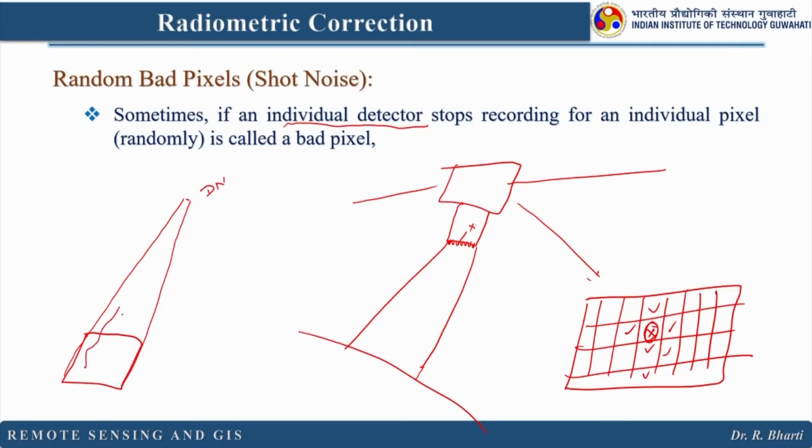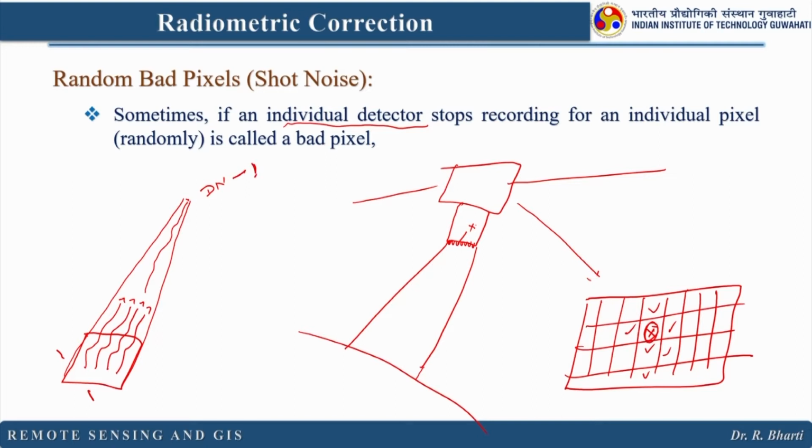So energies are coming from all over the place, from this pixel, let us say 1 meter by 1 meter, and all these energies are reaching our sensor, and for this particular pixel only one value will be recorded, right.